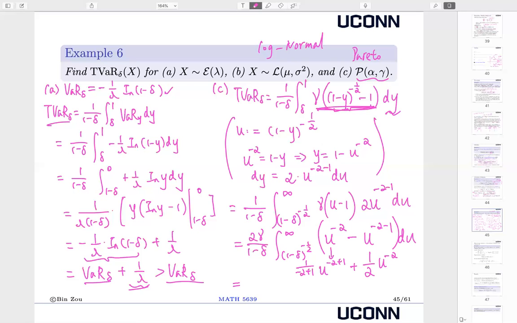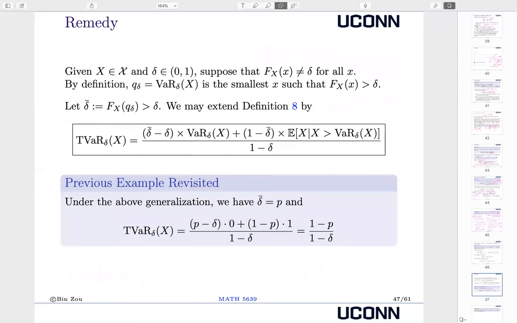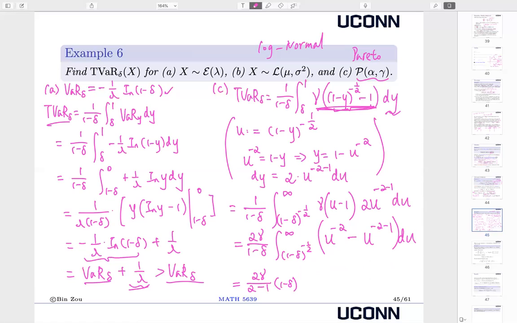We will have alpha gamma divided by alpha minus 1 times 1 minus delta to the order of, let me erase this. I don't want you to get confused with the power term. But as you can see, the antiderivative is very easy to do. So the power is negative 1 over alpha minus gamma. Okay, so that is the result for Pareto.